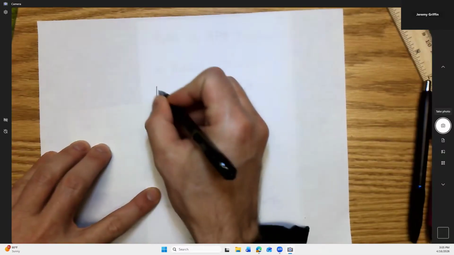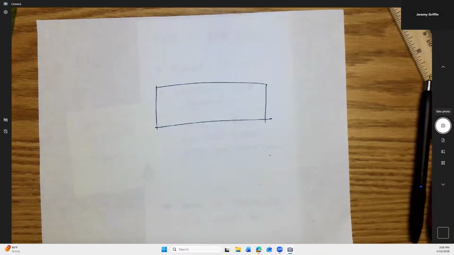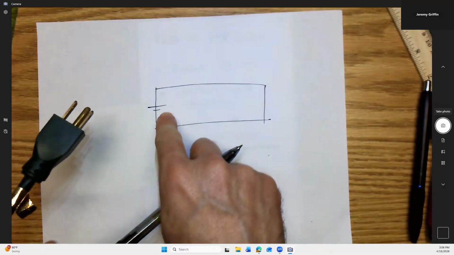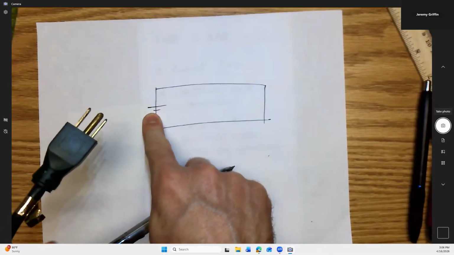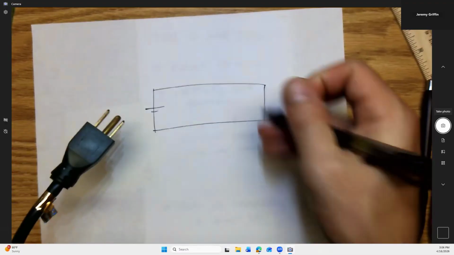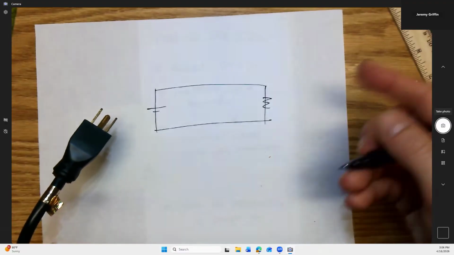What if you have some appliance and you plug this into the wall outlet where there's 120 volts? I don't think it's technical, I think these lines usually refer to a battery, but let's ignore that. Let's say I plug this in. So I'm getting 120 volts, and the appliance has some resistance.